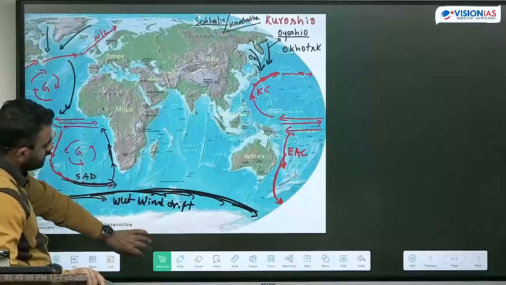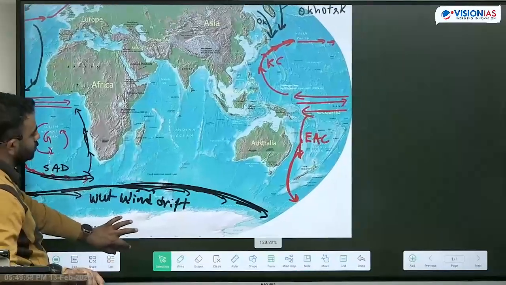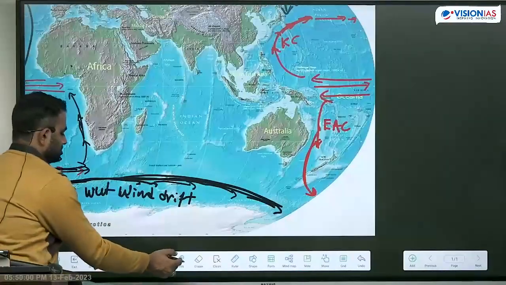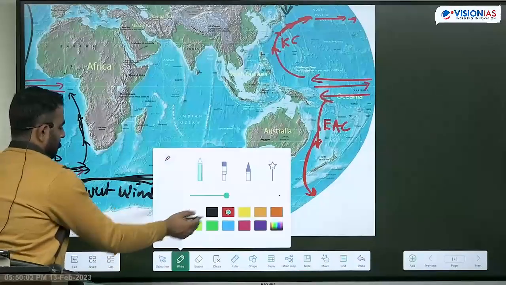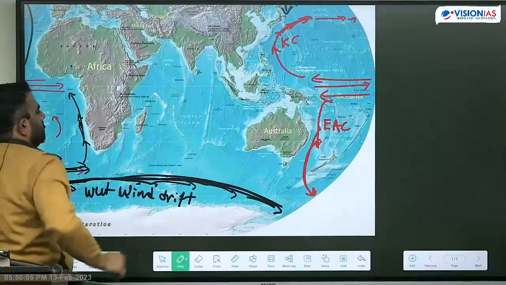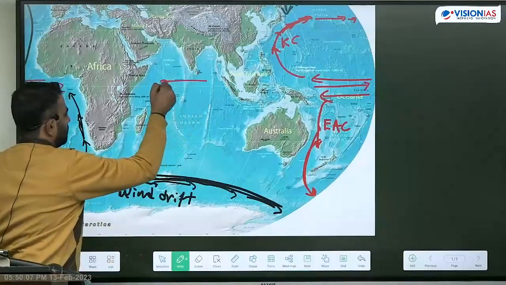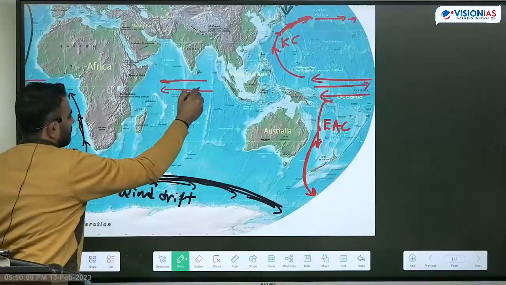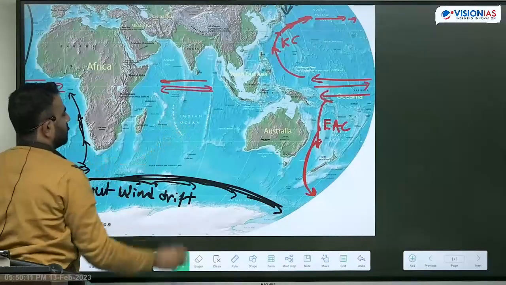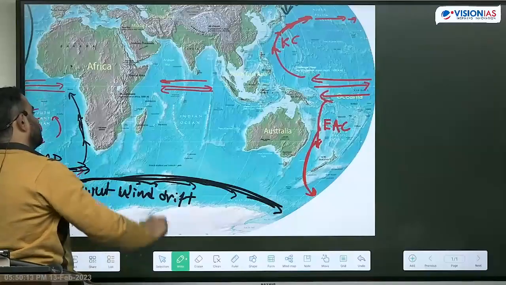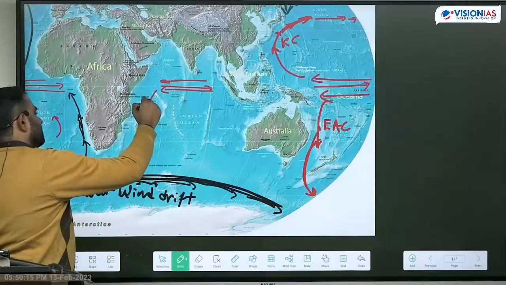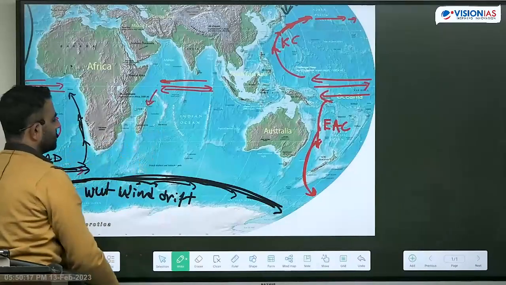Currents of the southern Indian Ocean. So here also we have the north equatorial current, south equatorial current and counter equatorial current. The south equatorial current turns south and hits Madagascar.